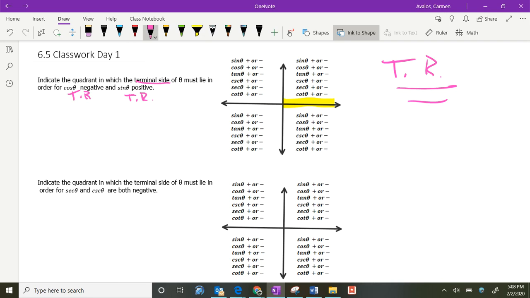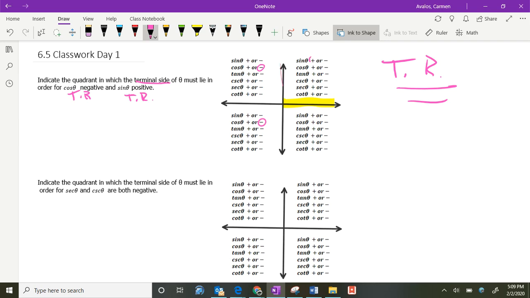When the trig ratio is negative for cosine, we're talking about the x values, so it's going to be over here somewhere. Cosine is negative here, and cosine is negative there. I don't care about any of the other signs. Then the sine of theta is positive, so that's the y value, so it's going to be over here.